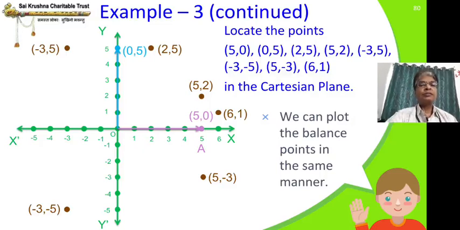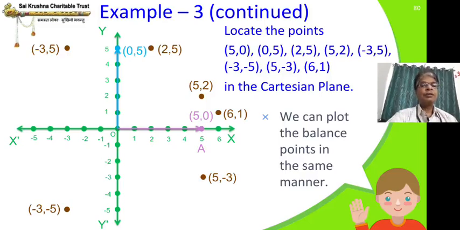Now you can check what you have done in the notebook, and whether these points are correct or not. I am sure 100% all of you would have got it correct, because it is very clear now. So the first step is the abscissa value, that is the x coordinate value from the y axis: you move on the x axis in the direction as per the sign of the coordinate, and from that point again as per the sign of the ordinate, that is the y coordinate, you move in the positive or negative direction so many units from the x axis.